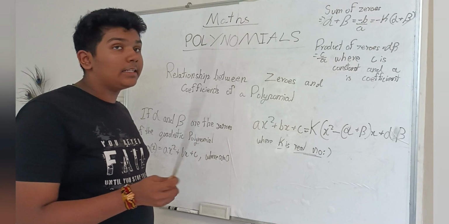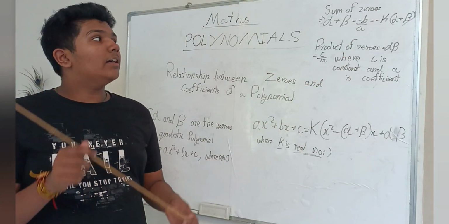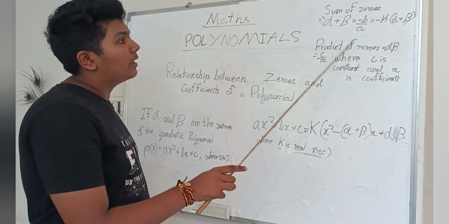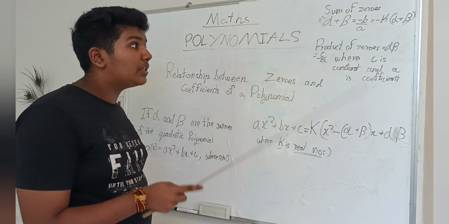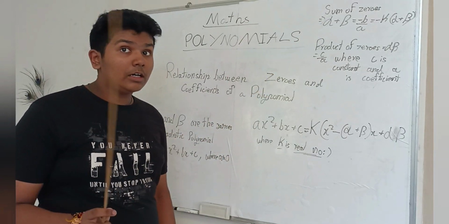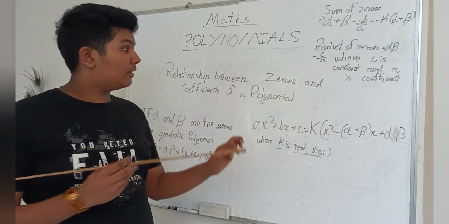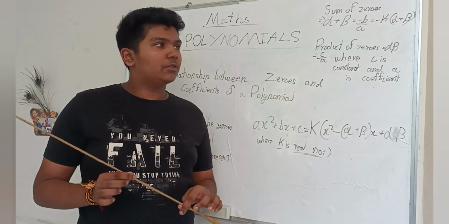So minus b by a, which is equal to minus k into alpha plus beta. So remember the formula. These two, the sum of zeros and product of zeros, are used for verifying the problems in relationships.